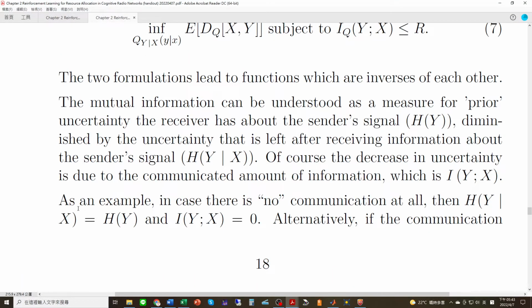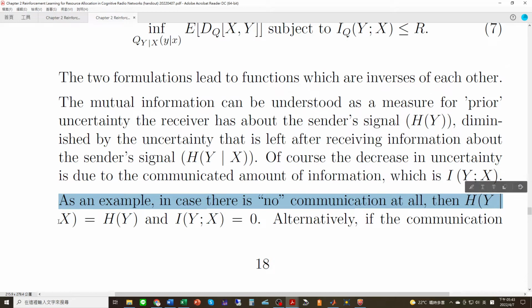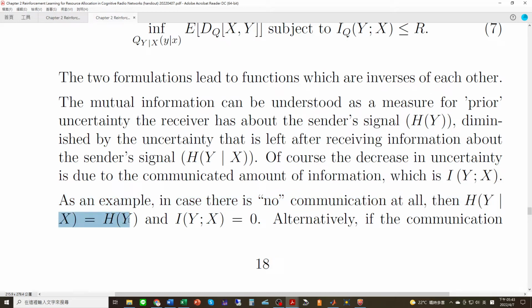As an example, in case there is no communication at all, then h of y given x is equal to h of y, and I of y;x is equal to 0. Because no communication means that y is equal to 0 and x is equal to 0.